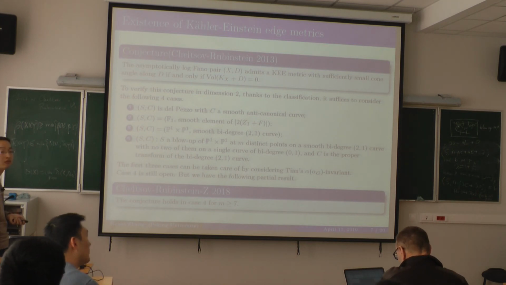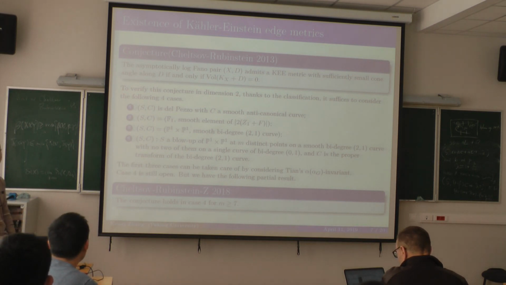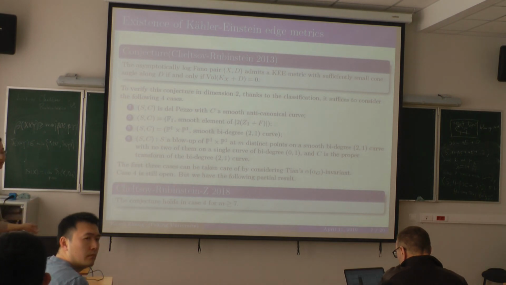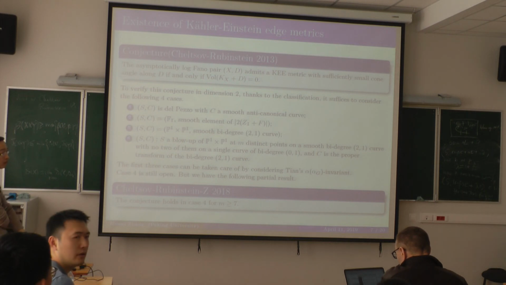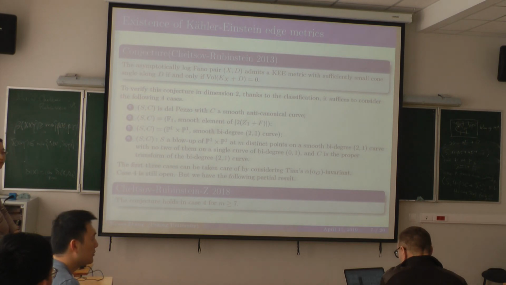Yeah, there are some automorphism groups there, so we cannot directly apply the delta invariant because we can at most get 1 for delta. But in some cases of the group action, delta is not 1, so this is why this must be.